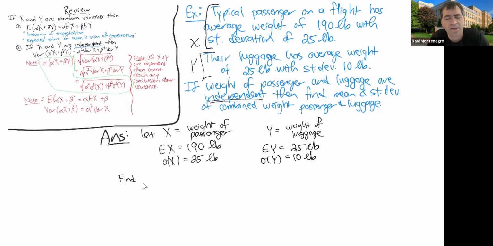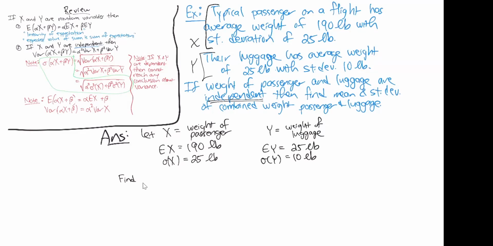So what quantity is it that we want to look at here? Are we looking for the E of alpha X plus beta Y, or just the E of X plus Y?